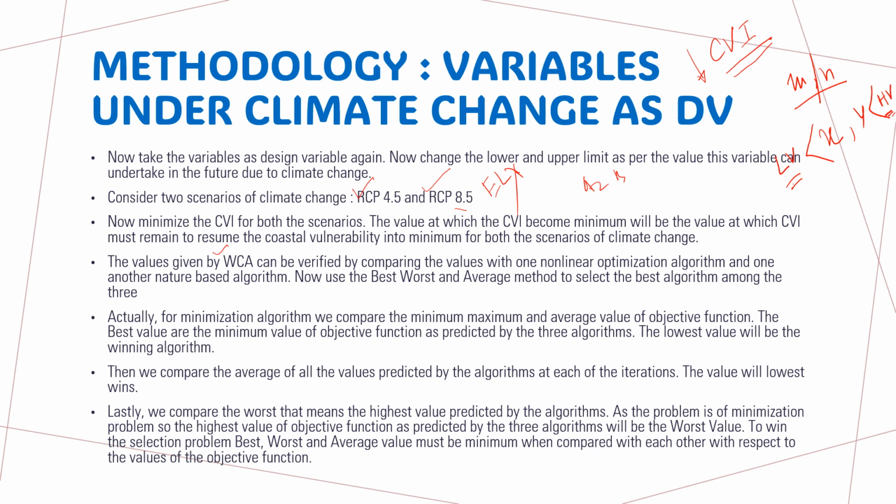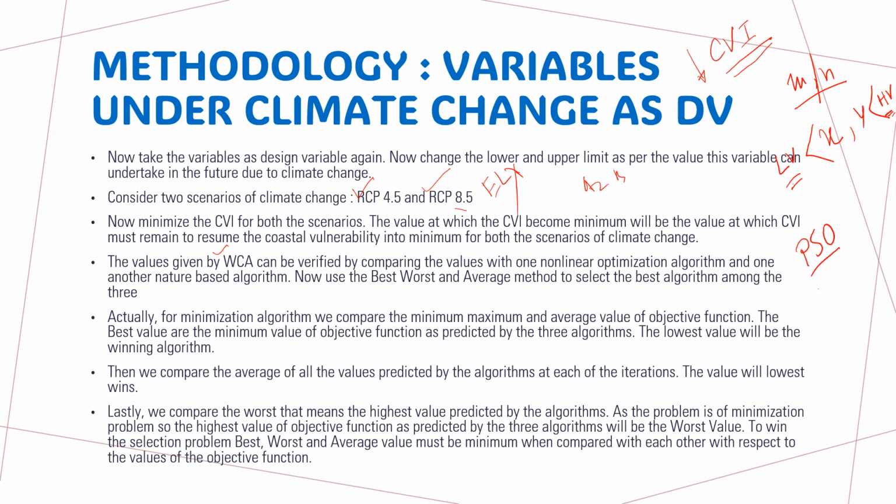Changing the algorithm can easily change the value of optimality. That is why we repeat the entire step with not only WCA but also with the help of particle swarm optimization. Now this can be anything. I have used PSO, but you can use GA, you can use glowworm, you can use mine blast, any algorithm, your choice.